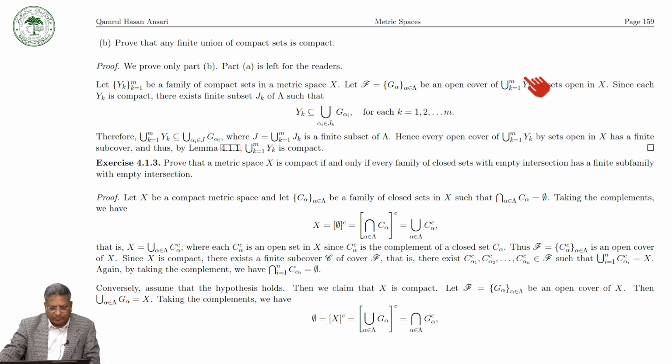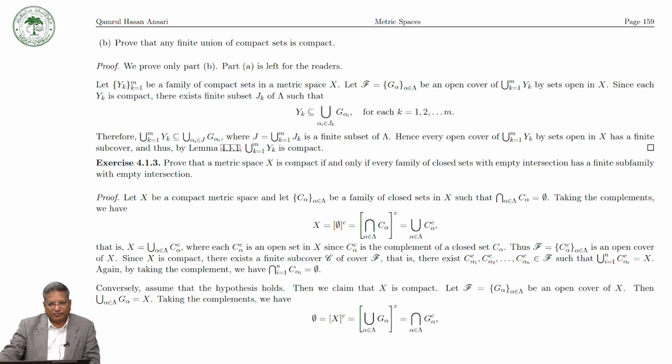must be a subset of this union, because each Yk is in its union. So if you take the union of these, it is a subset of the union of G_alpha with alpha in J, where J is the union of the Jk's for k from 1 to m. This is a finite subset of the index set Lambda, and hence every open cover of the union of Yk by sets open in X has a finite subcover.